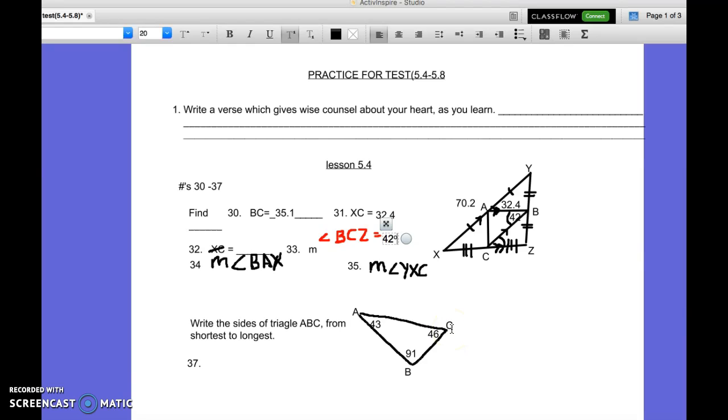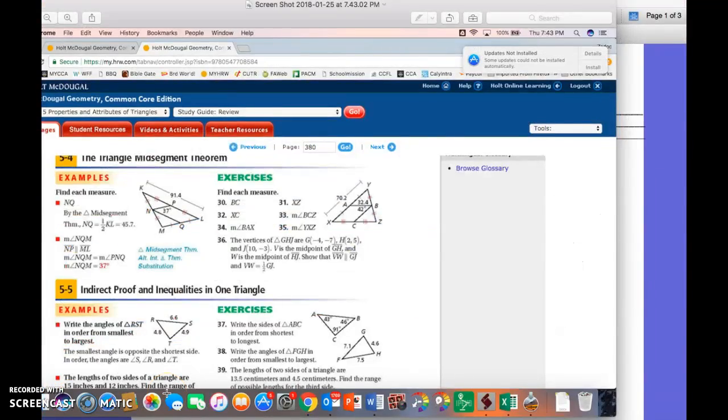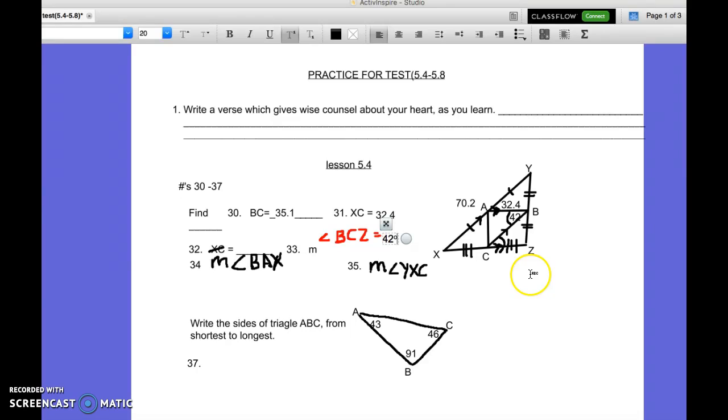I think this should be B. Yeah, this should be B right here. Can I change it? I think I can change it because that's going to influence how I name these. So this should be C. And this is what you have on the handout.